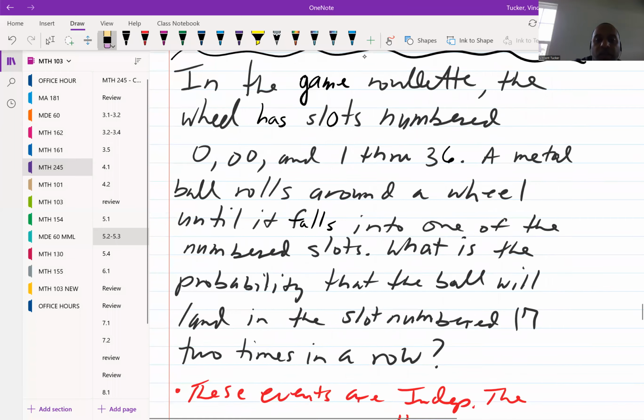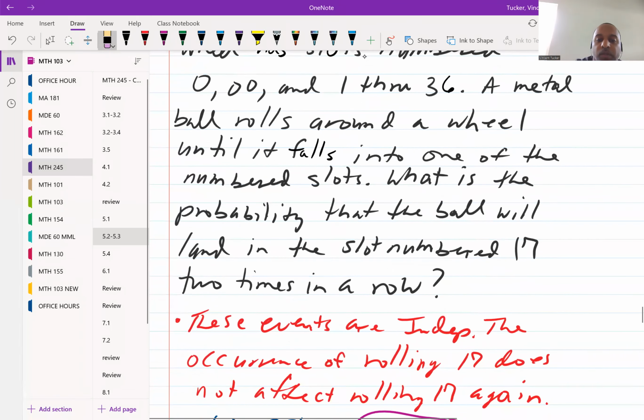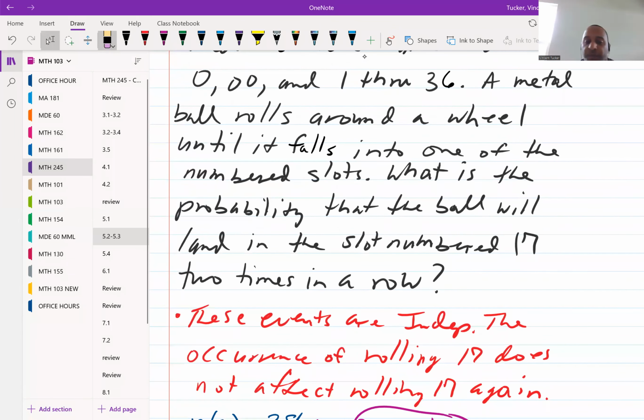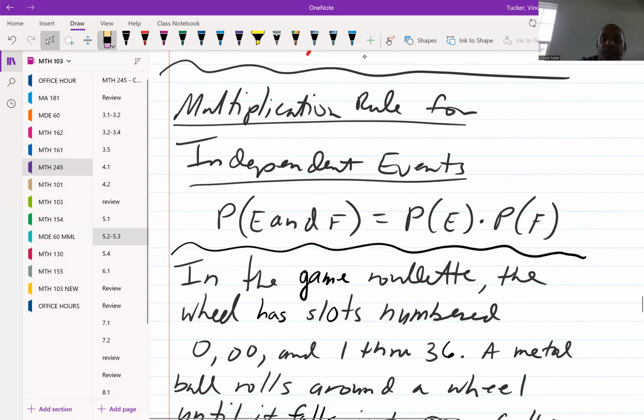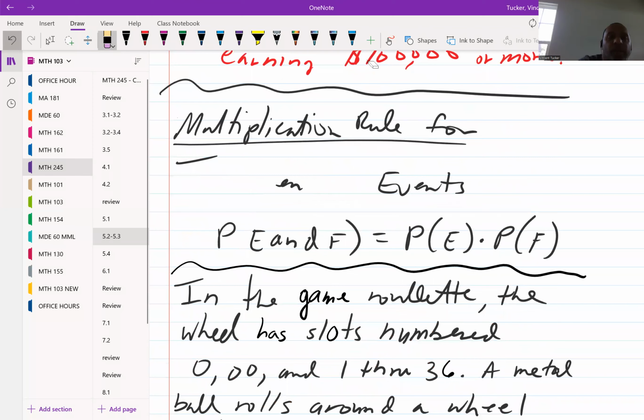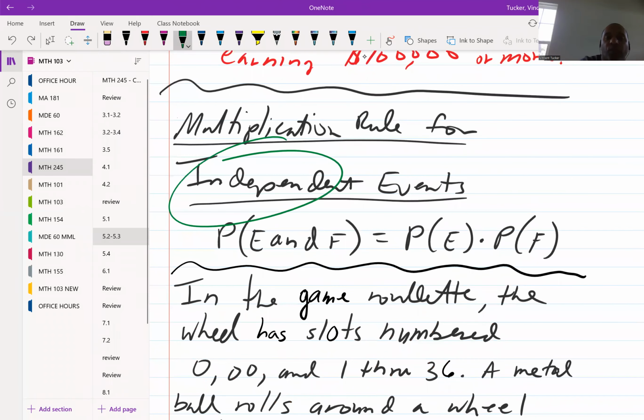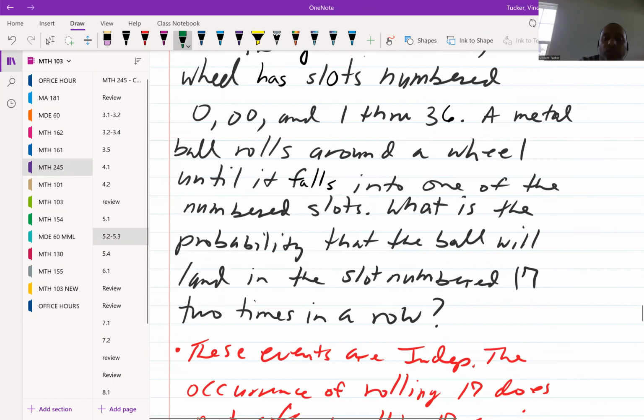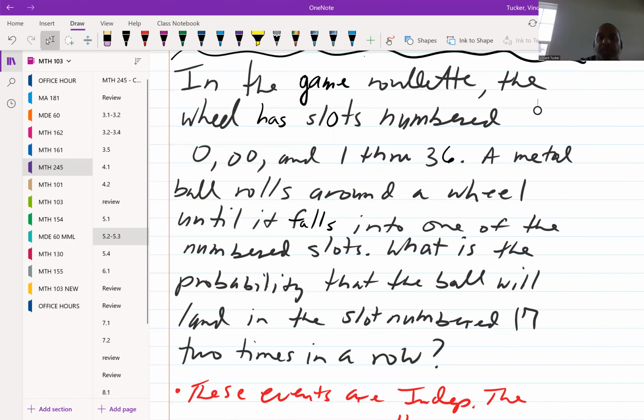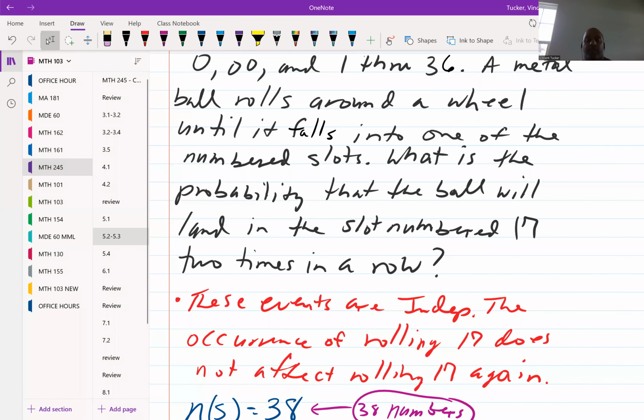All right, so these events are independent, so you do need to establish whether they're independent or dependent. Remember, this is for independent events. These events are independent because the occurrence of rolling the 17 does not affect rolling the 17 again.